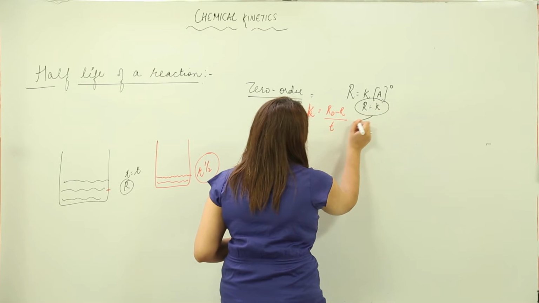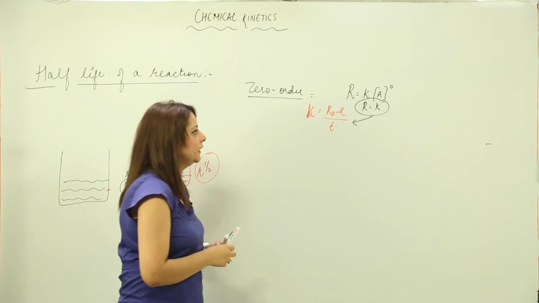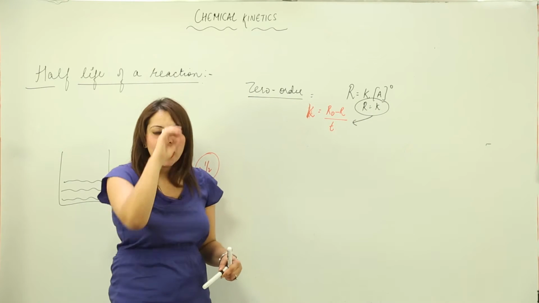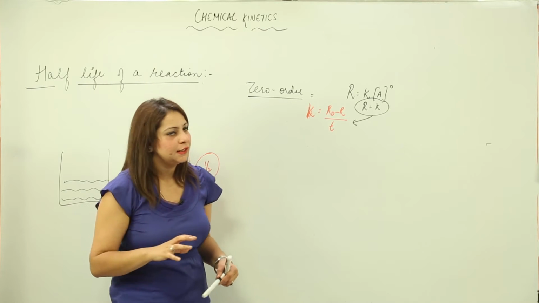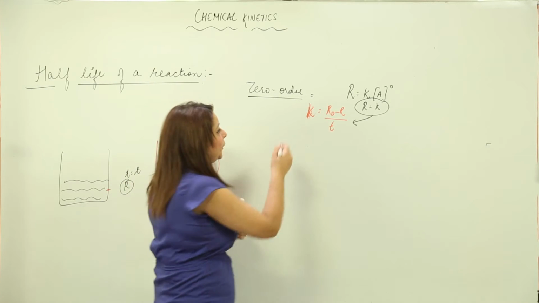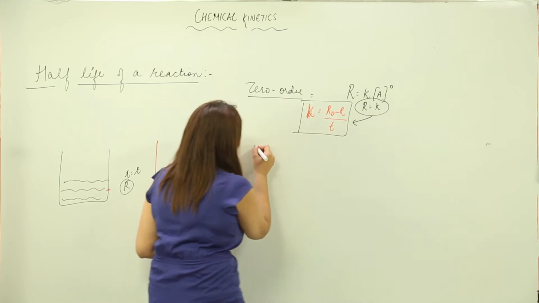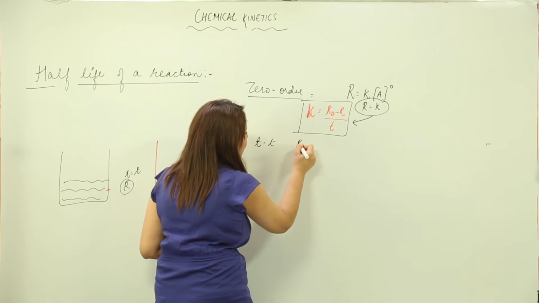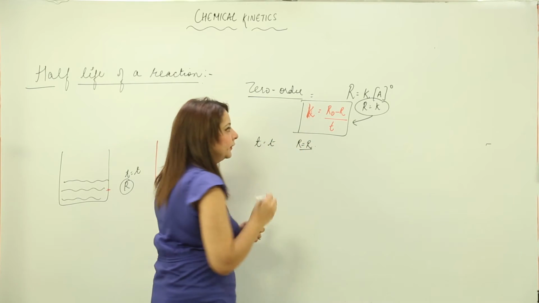For zero order we have already calculated that the rate constant K is equal to R naught minus R upon T. This expression is for when the time is T and the concentration of reactant is R.